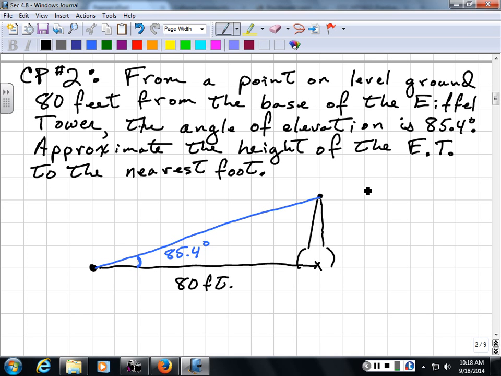And I'm trying to find the height of the tower. Okay? That's going to be the opposite. So what trig function am I going to use? Tangent of 85.4 equals opposite over adjacent. Right?